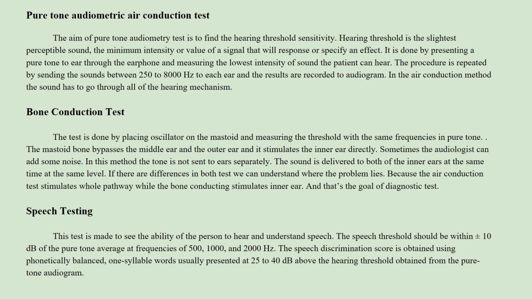So in this test, an audiologist gives a word to the patient, and if the patient hears and understands the voice, he or she can say what the word is, and we can understand if she or he can understand the speech.